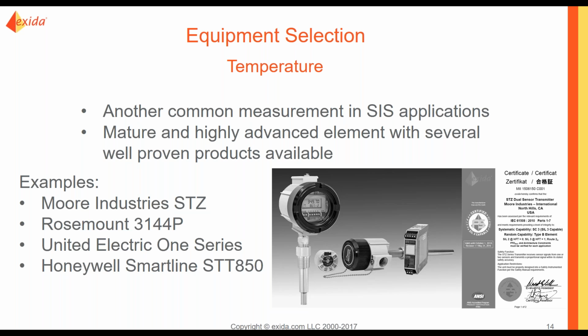We're looking at a Moore Industries International STZ, and it's received its product certification for IEC 61508 in 2015. It is capable of using 2 temperature sensing elements and can be set up to provide comparison diagnostics with the transmitter. This feature provides a high diagnostic coverage on the sensing elements.